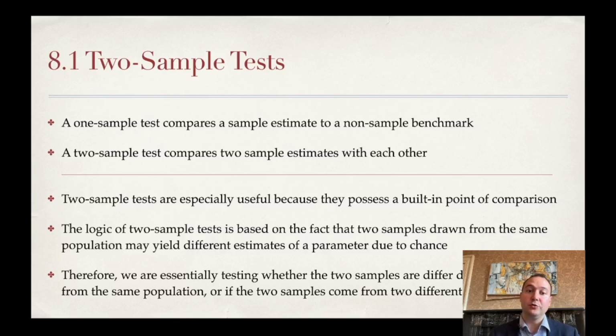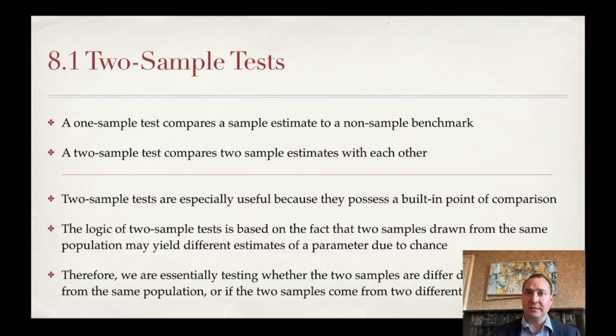The logic of two-sample tests is based on the fact that two samples drawn from the same population might yield different estimates of a parameter due to chance. If we have one population and we take a sample from that population, and then we take another sample from that population, those two samples will not be equal. Why? Because there's a lot of variation within individuals of a population.